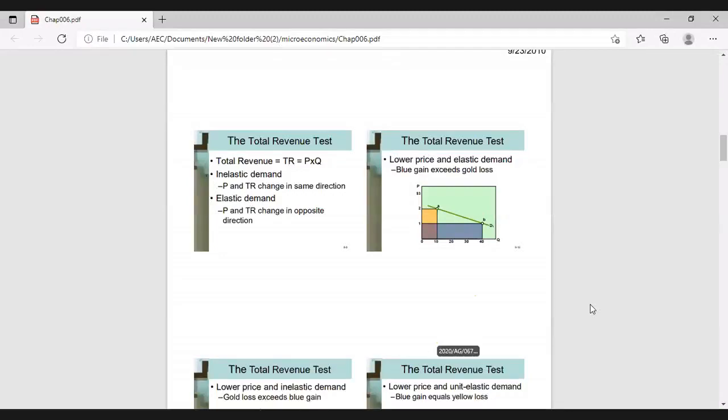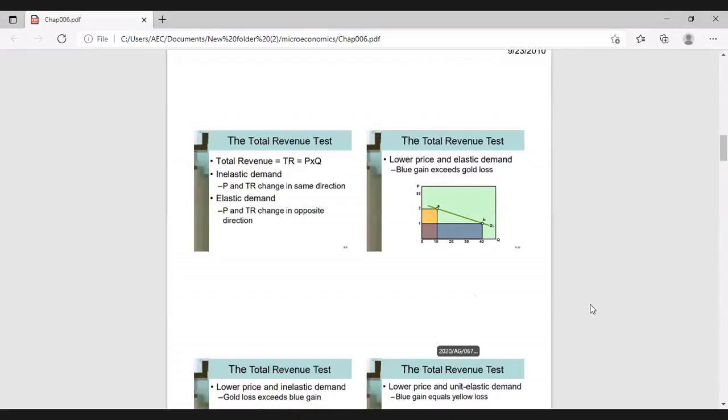For a price change, the consumer response is relatively small. So if it is inelastic demand, when the price increases, total revenue increases. Price and total revenue change in the same direction.